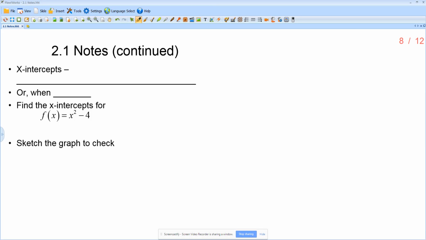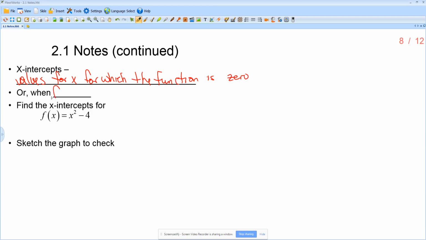But we're on slide 8 now, talking about x-intercepts, just a little more background information about parabolas. So x-intercepts are values for x for which the function is 0.